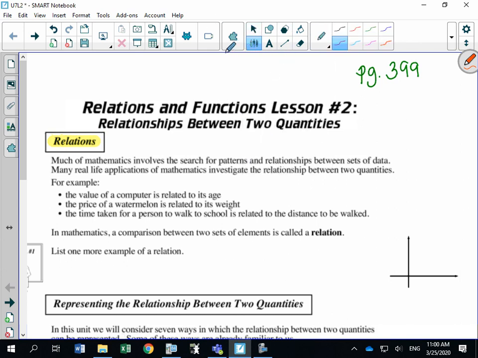And what a relation is, it's a mathematical relationship between two quantities or between two sets of data.